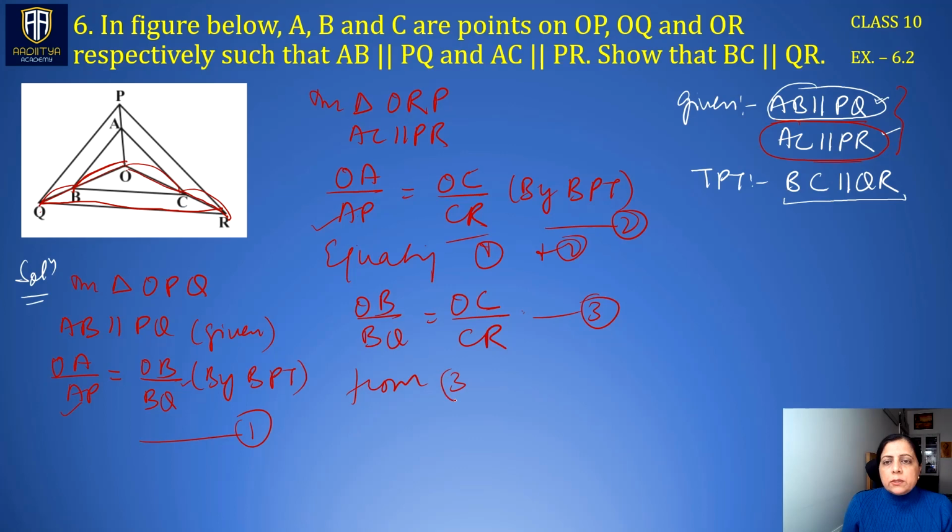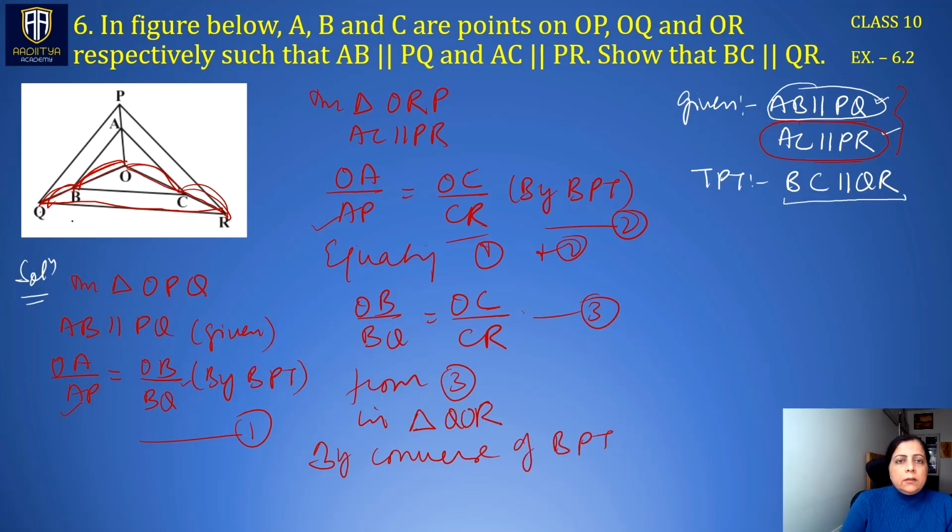So from equation 3, in triangle OQR, what can we say about this ratio? OB upon BQ is OC upon CR. These are the ratios of the opposite sides of triangle OQR. So by converse of BPT, we can see that this side BC will be parallel to QR.